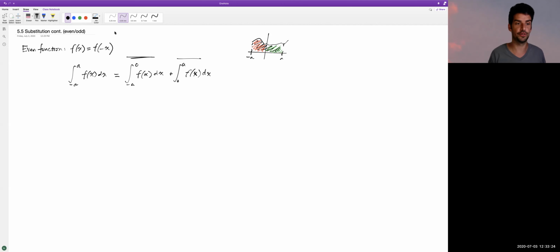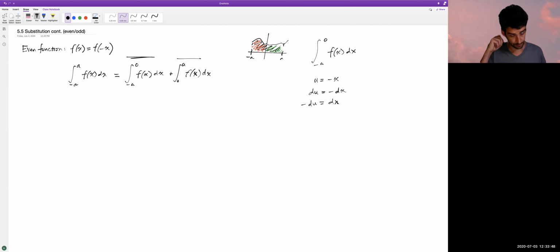So I'm going to come over to the side here and take a look at the integral from negative a to 0 of f of x dx. And I'm going to use substitution. I'm going to say that u is equal to negative x, which means that du is equal to negative dx, or negative du equals dx.